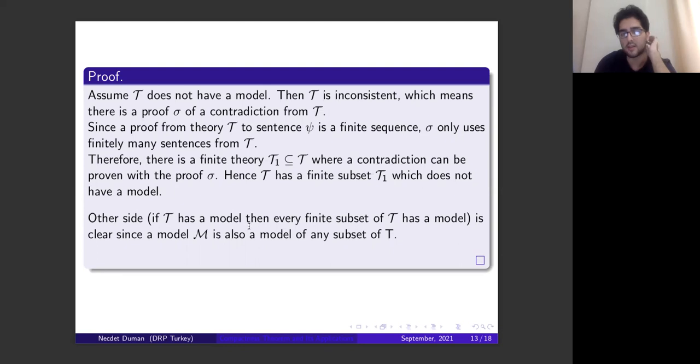And the other side, as I said before, directly follows from the definition of being a model. If a structure is a model of our theory, then it satisfies everything in our theory. Then the same structure satisfies every subset of our theory.